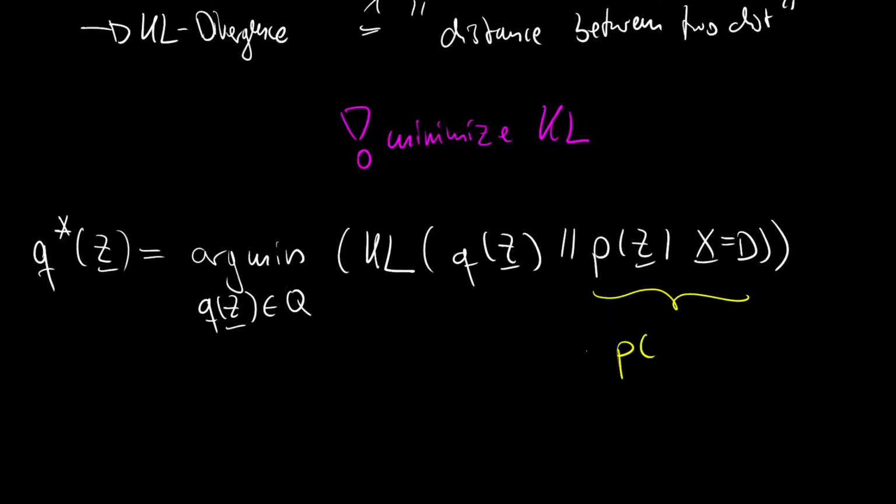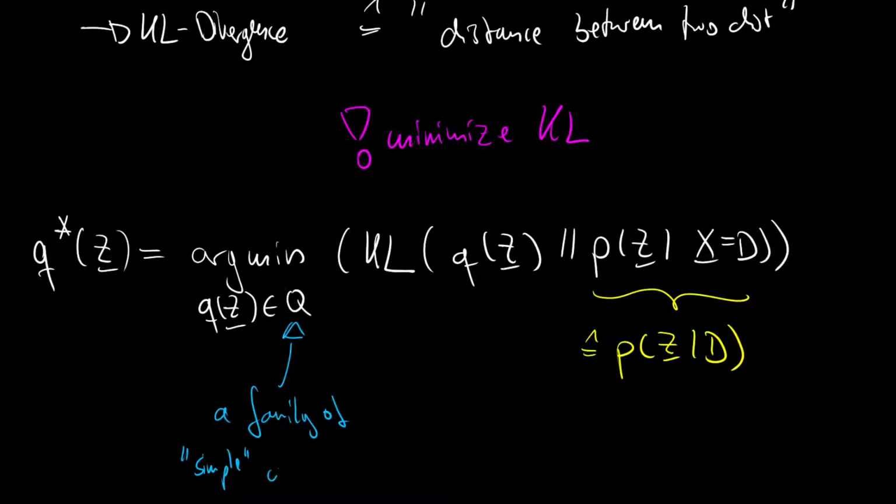I will say that is equal to P of Z given the data. This means we have a random vector X and we observe it as data. It's just a convenient shorthand notation. Let me also note this down. That is a family of, let's also call it, simple distributions. And of course, simple does not mean that we change the dimensionality. It just means that it has a simple or analytical functional form. We are still staying in the same dimensionality of our latent variable.